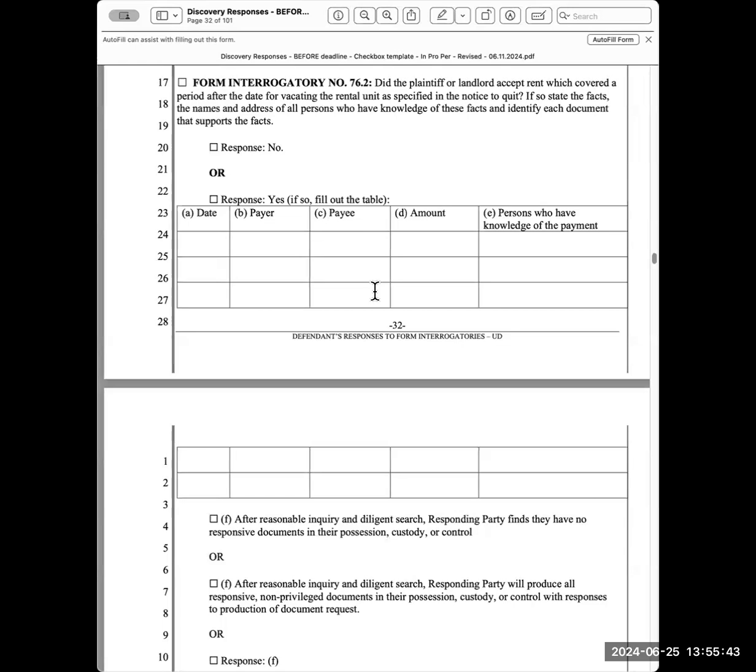They accepted rent that they weren't supposed to accept because the notice has expired and the court has jurisdiction now over the case. It doesn't necessarily, not 100%, but it can be a reason for the case to be dismissed. And so you want to make sure you have evidence of any payment that the landlord accepted.